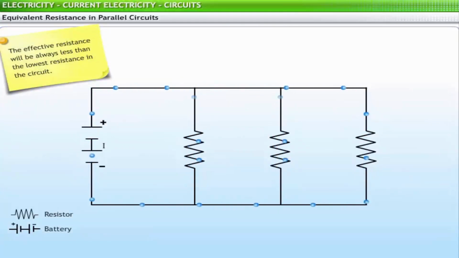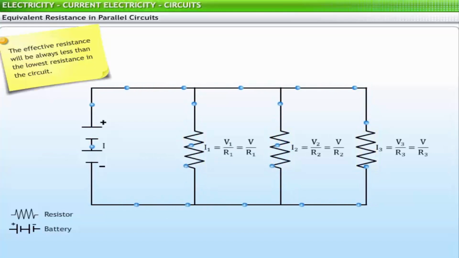As you saw earlier in series circuits, you can calculate the amount of current flowing through each resistor as the ratio of the voltage drop across that resistor to the resistance of that resistor.